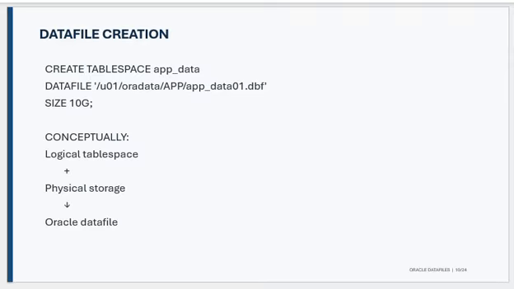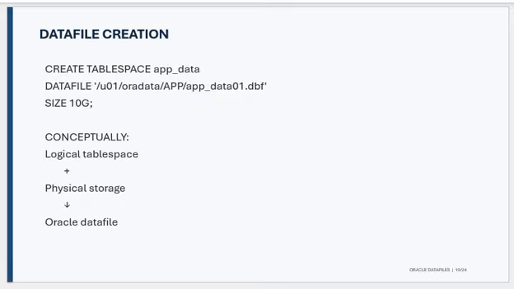How is a data file created? When a DBA creates a tablespace, Oracle needs physical storage. The DBA specifies a data file. For example, we give a command: create tablespace app_data datafile, the full path of the data file, and size 10 GB to start. This tells Oracle to create a data file of 10 gigabytes.